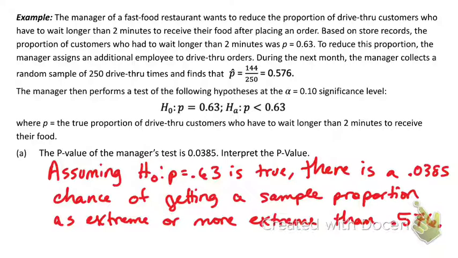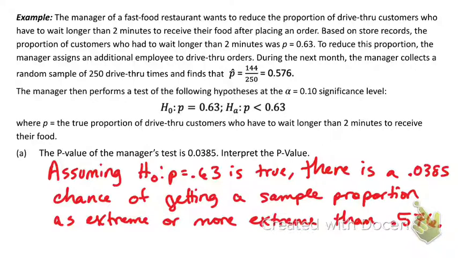Assuming that we are truly on a 63% distribution, there is only about a 4% chance that this sample of 57.6% happened by sampling variability. There's only a 4% chance that that result was sampling variability. You know what that means?